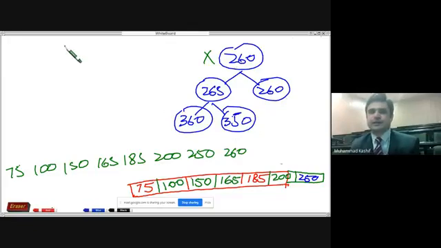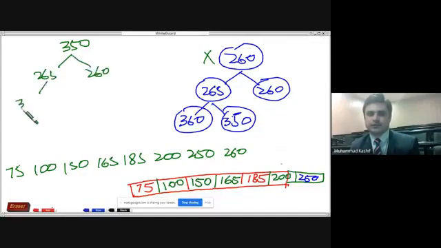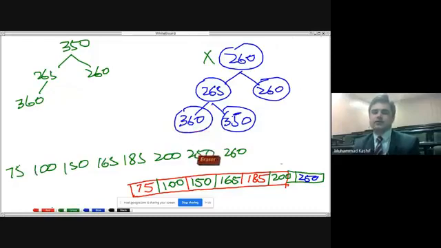So 350 will take place as a root node. So 350 becomes the root node. Left child would be 265, right child would be 260, and left of 265 is 360, and the right is basically already moved as a root node.